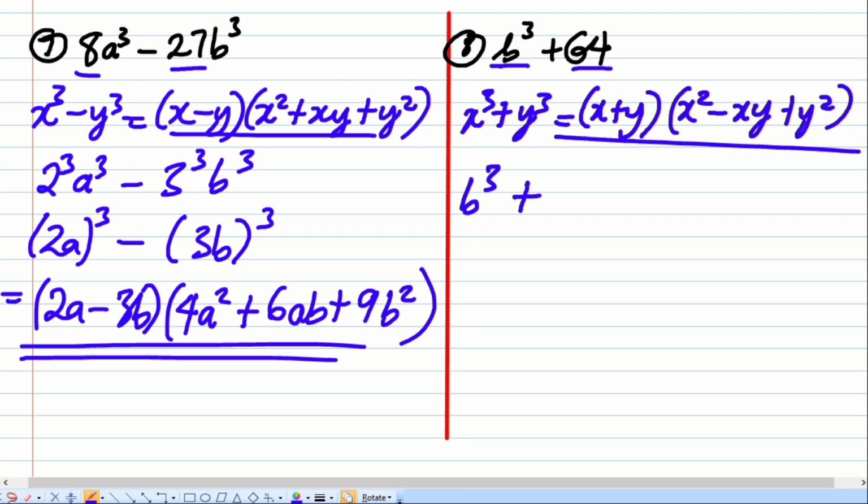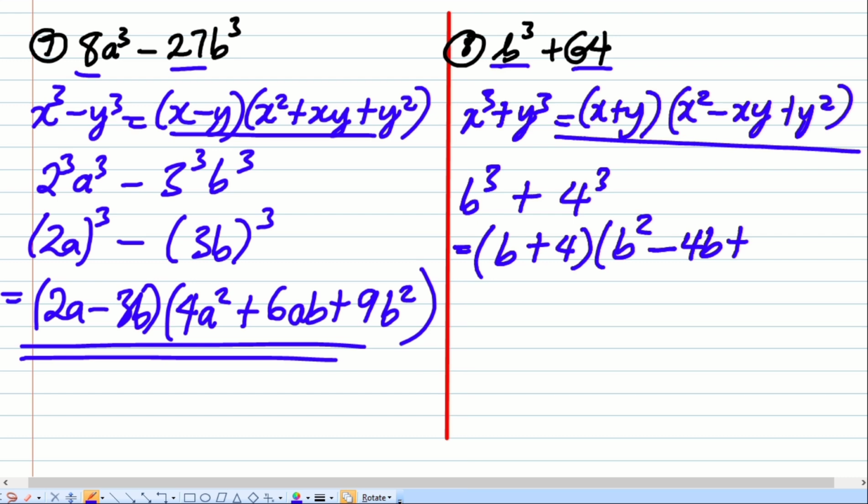So let's do the same. This is b cubed plus, which number raised to power 3 is 64? That will be 4 raised to power 3, because 4 times 4 is 16, 16 times 4 is 64. So this will be equal to the first term b plus the last term 4, multiplied by the square of the first term, which is b squared, minus the product of the first and the last term, that's b times 4, which is 4b, then plus the last term squared. 4 squared is 16.